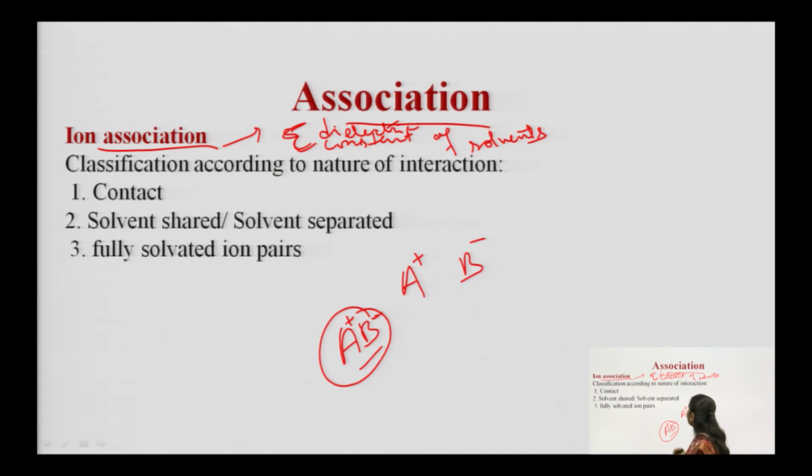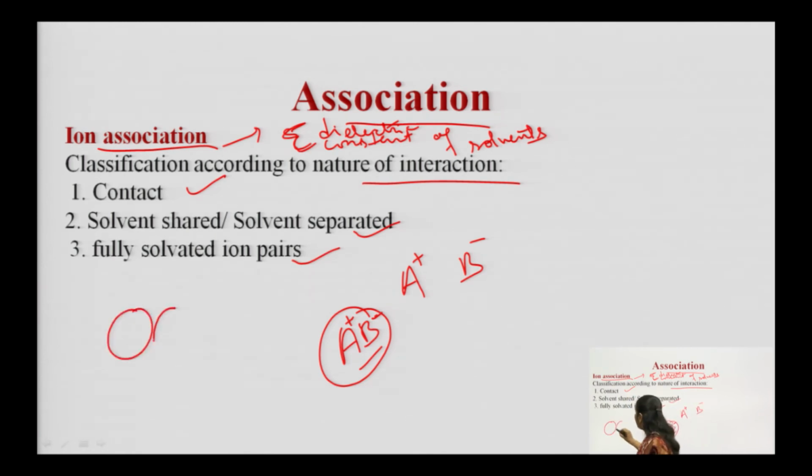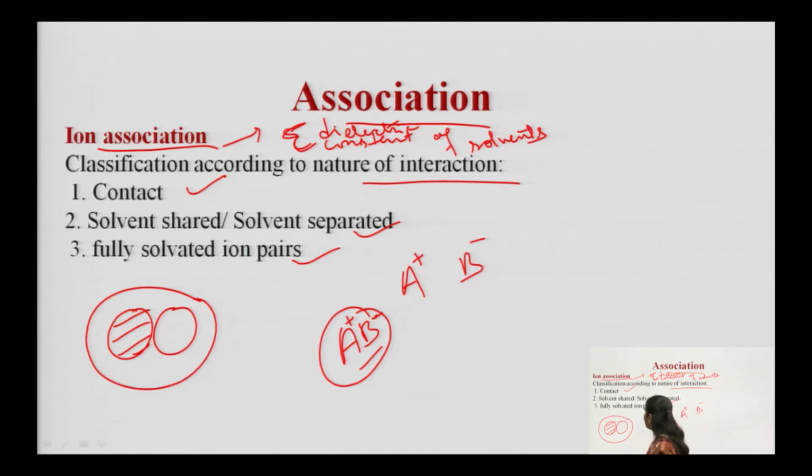Okay. Now, according to the nature of interaction with the solvent, we can classify these ion associations into contact, solvent shared and solvent separated, and fully solvated ion pairs. In case of contact, suppose these are the two ion pairs, then they will be covered by the same solvent.